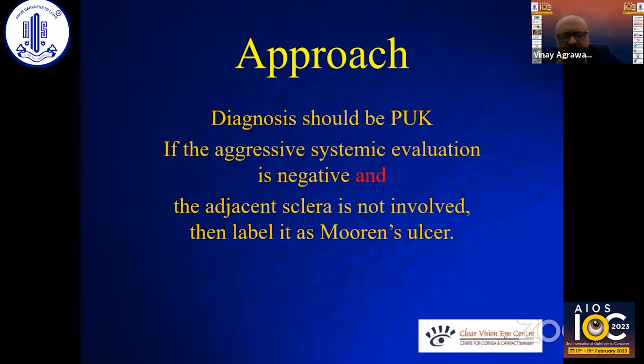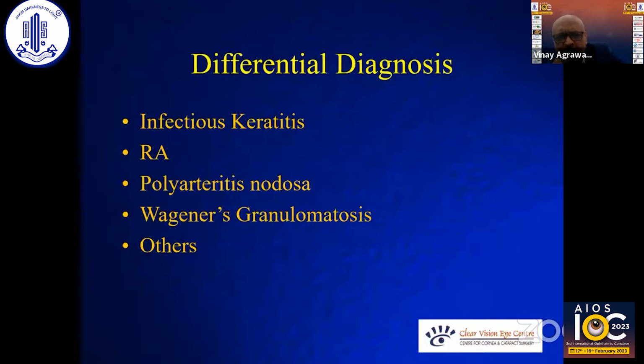I would be failing if I did not emphasize that aggressive systemic evaluation in every patient of peripheral ulcerative keratitis is very, very important. It can make the difference between life and death, literally in some cases. So if there is no finding on an aggressive systemic evaluation and the adjacent sclera is not involved, then the patient can be labeled as Mooren's ulcer.